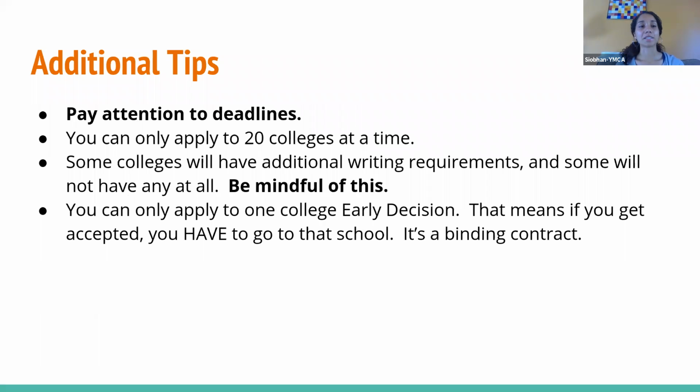Additional Common App tips, pay attention to deadlines. I have a college comparison chart that I can email to you guys. It basically is just a tool that helps sort information about different colleges that you might be interested in. And it's based on your safety schools that you're likely to get into, schools that are target, and then schools that are reach.